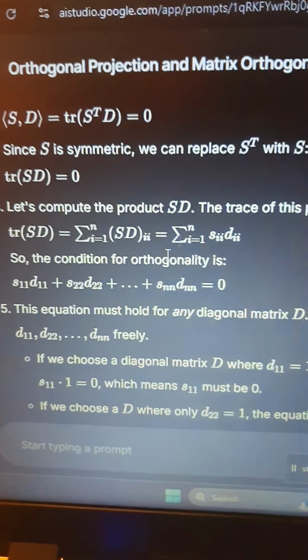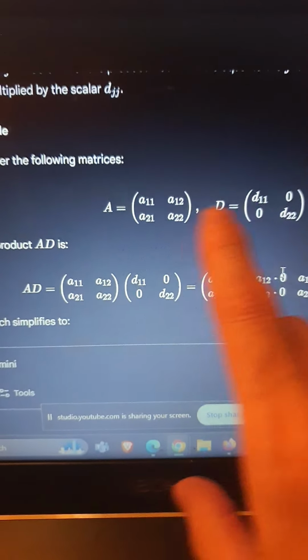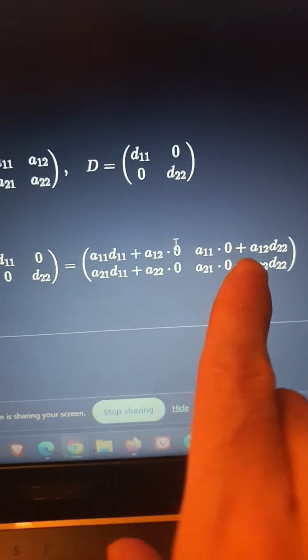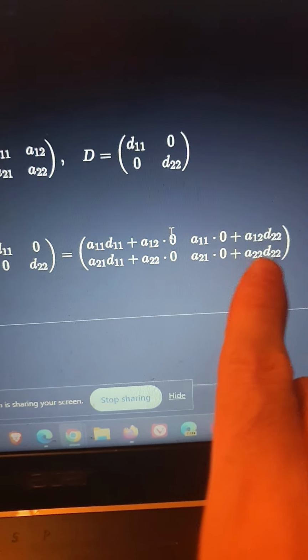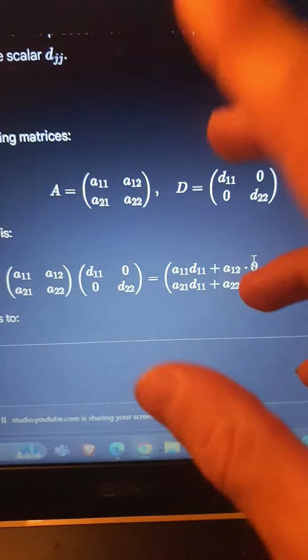Now, if you are looking at a symmetric matrix times a diagonal matrix, you will notice that on the diagonal we just have A11 D11, A22 D22, with the D's from the diagonal matrix and the A's from the symmetric matrix. What does it mean?